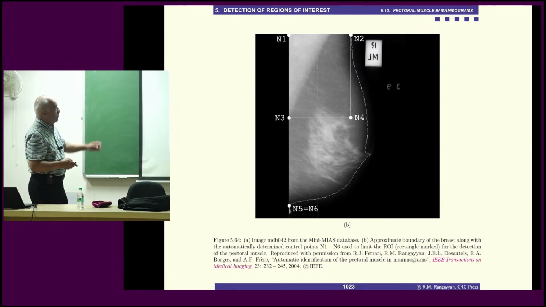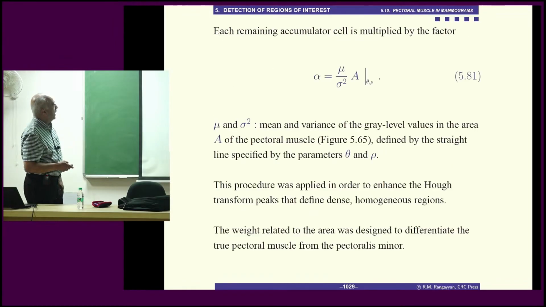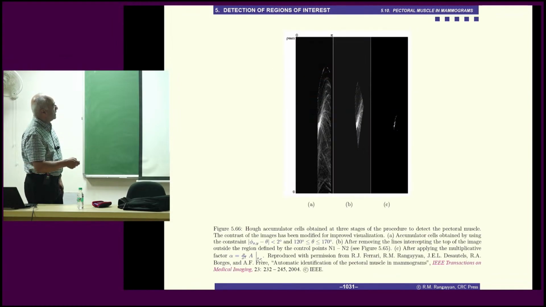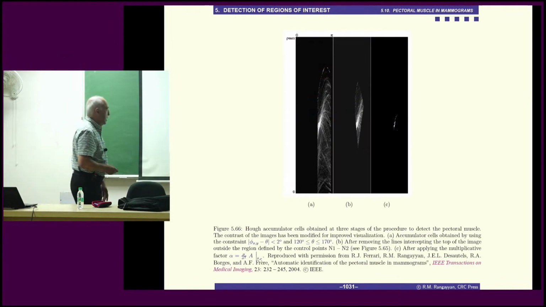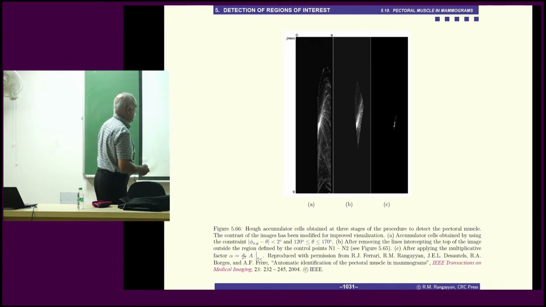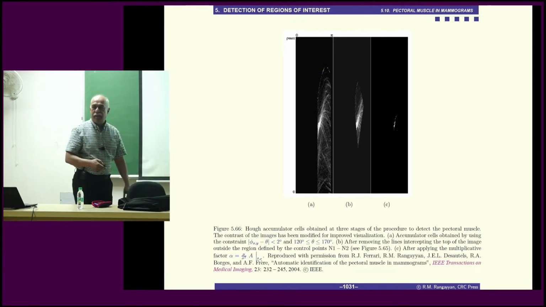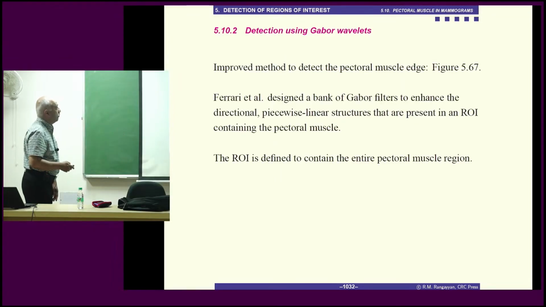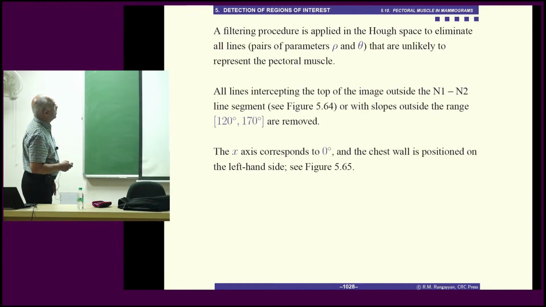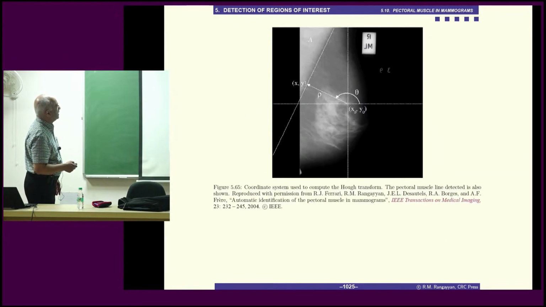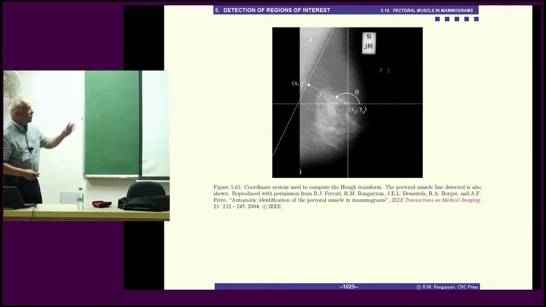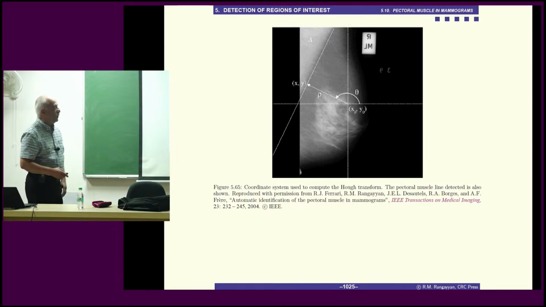So in that manner, you put many constraints, and that is the processed Hough space. After weighting, in that you find the maximum. And the result is that line for this mammogram. I'll show more later on.